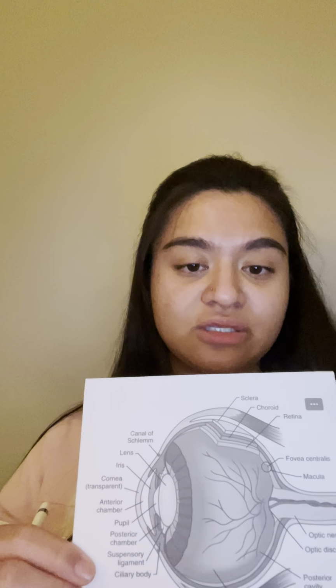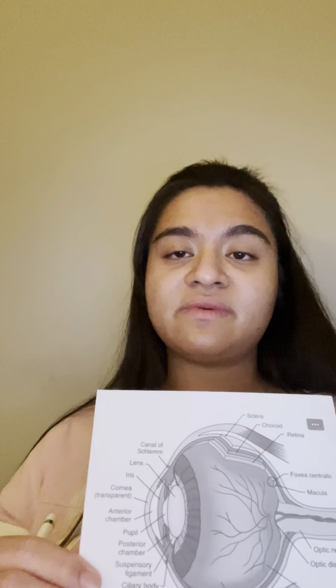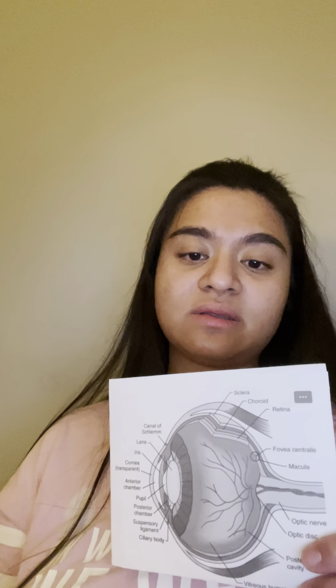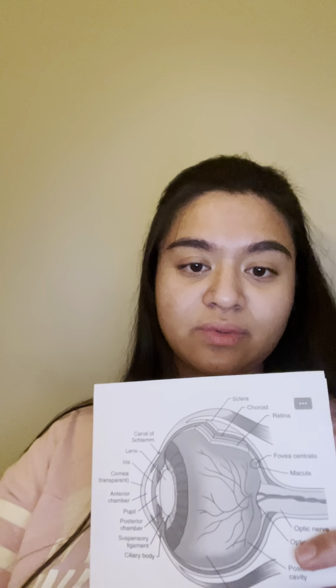So again, teaching them the signs and symptoms and what to look out for with retinal detachment will really help. And then lastly, proper eyewear to help avoid additional trauma. We definitely want to tell them to avoid exposure to UV lights or any unnecessary radiation possible.